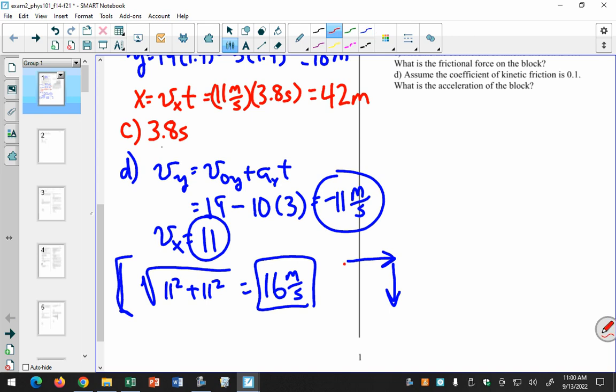I want to know the magnitude of that velocity, which is there. So it's finding the resultant of those two vectors I'm adding together. When I ask for the speed or the velocity, and I don't say x or y component, then you need to know both the x and the y component, and then take the resultant of the sum, which would be the Pythagorean theorem, the square root of a squared plus b squared.